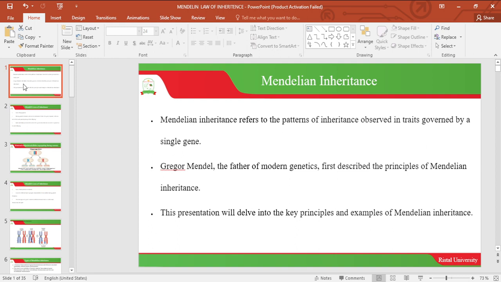This morning's lecture is going to be about Mendelian inheritance, and let's look at what Mendelian inheritance means. Mendelian inheritance refers to patterns of inheritance observed in traits governed by a single gene.